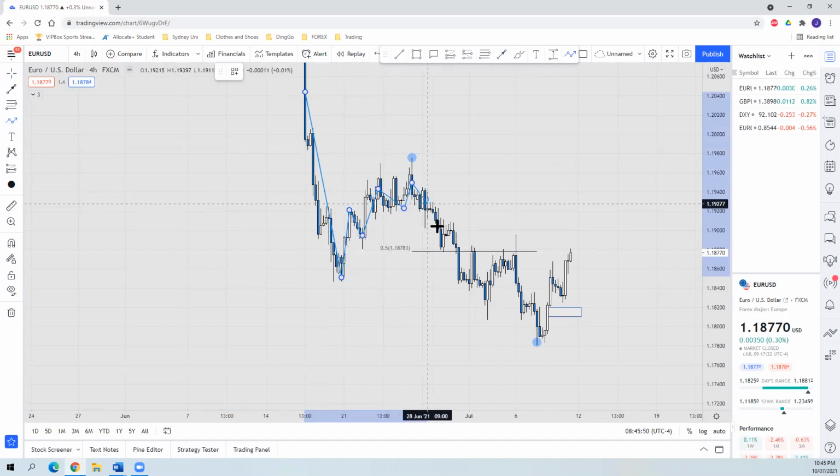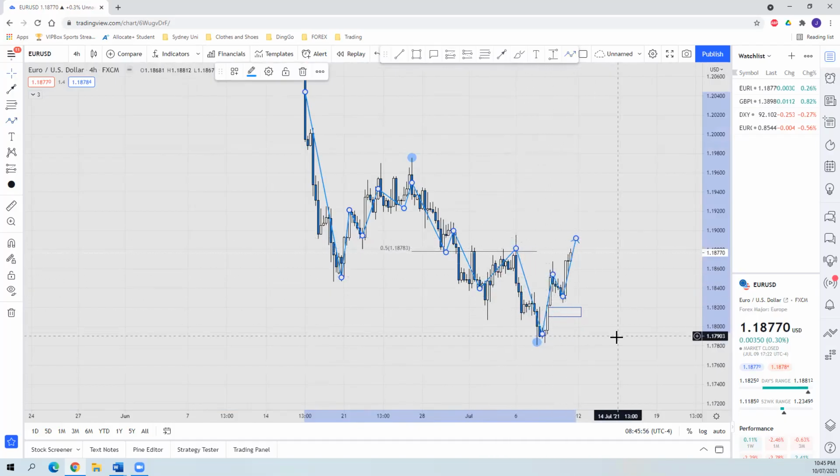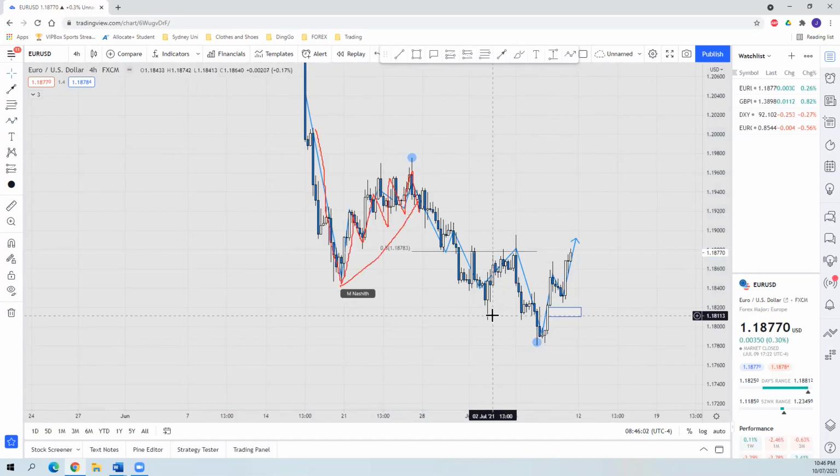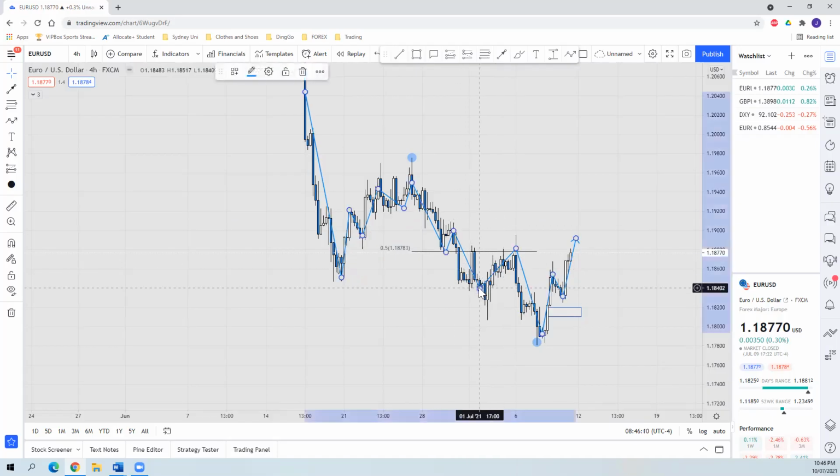If you take this, it's just a corrective move. You see how corrective that is? Because the momentum is to the downside and this accesses liquidity, trend line liquidity, and it will come back down like this for sure. I think that answered your question.